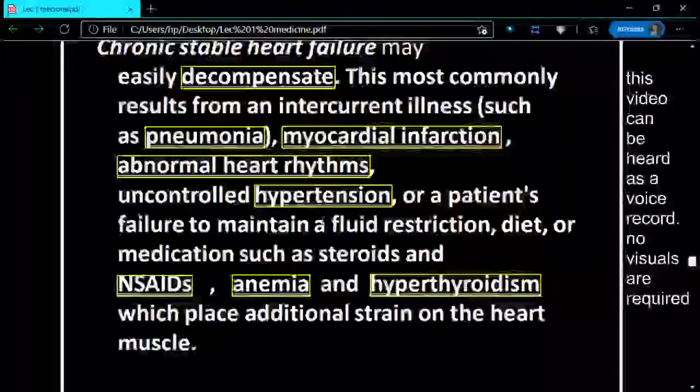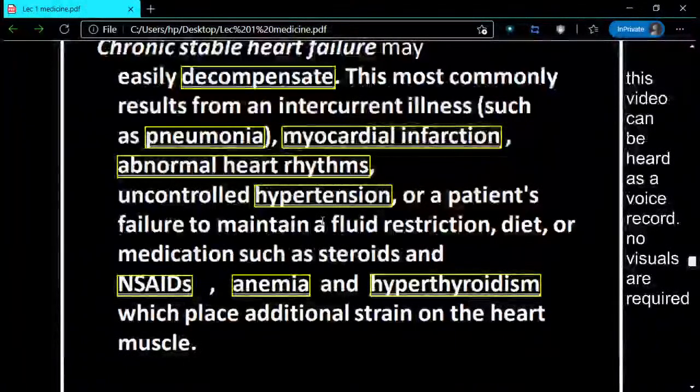This must come from an intercurrent illness, such as pneumonia, myocardial infarction, rhythm problems. There are many other diseases causing this kind of problem.